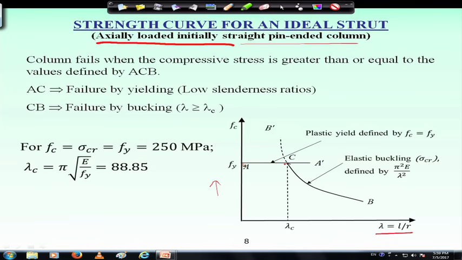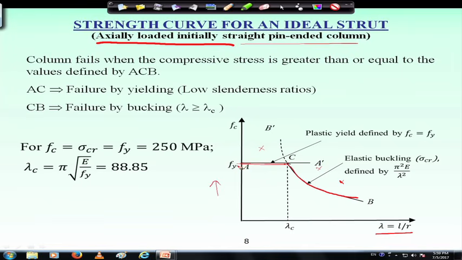That means this is the path defined, and if the column stress comes somewhere here or here, it has failed. If the column stress is greater than the stress defined by this path ACB, then the column is going to fail, and AC is basically failure by yielding.